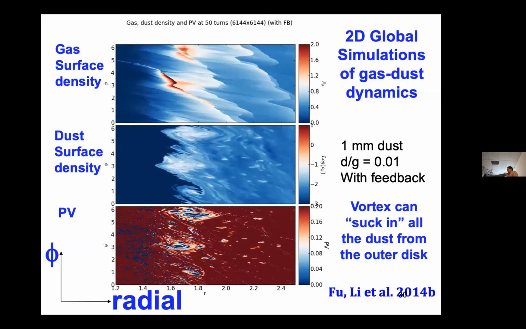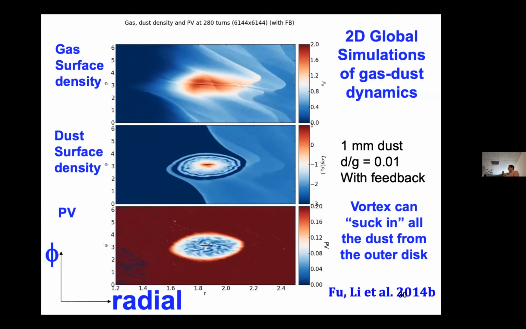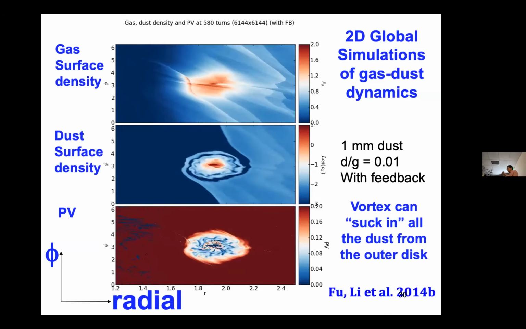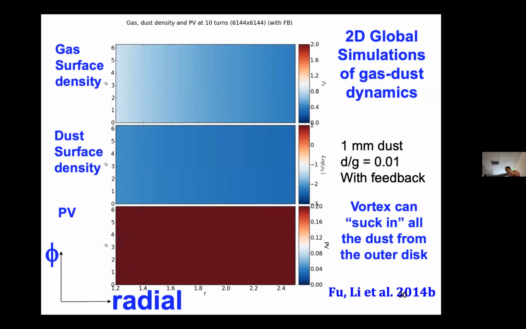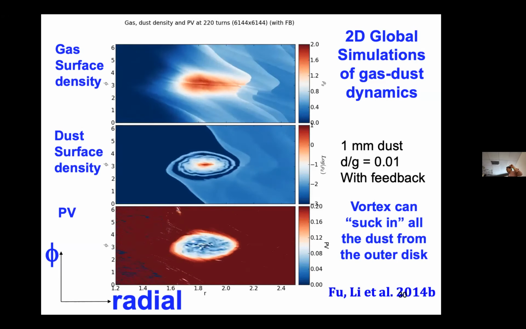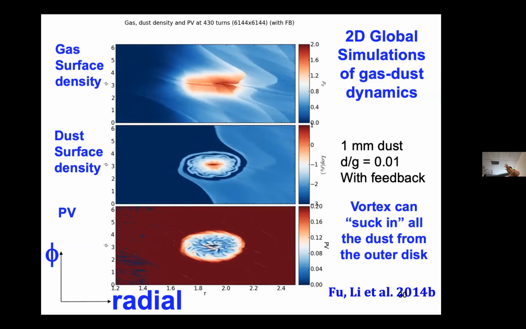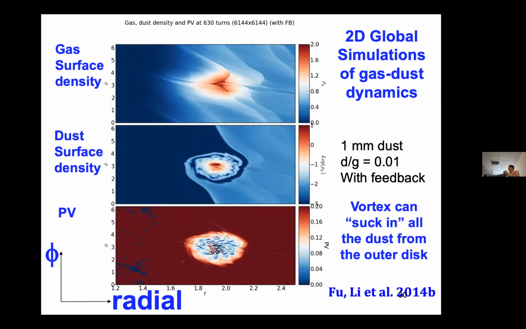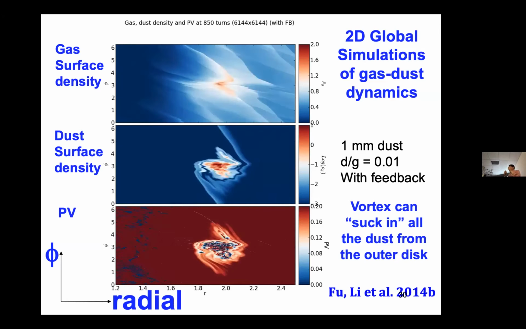If you look at the Stokes number, which is the way we calibrate the size of dust, for small Stokes number limit, the dust goes with the flow. The velocity difference between the gas and dust is tiny.